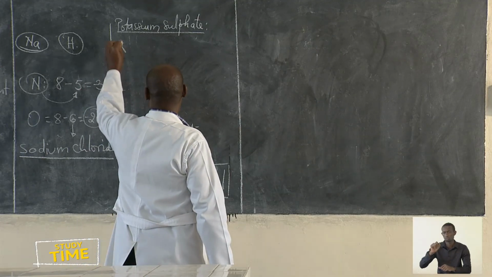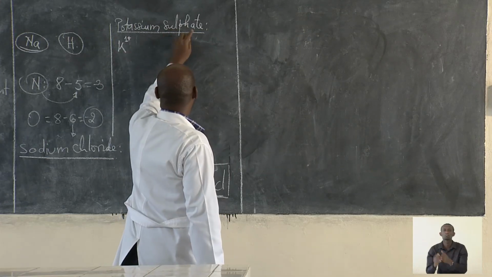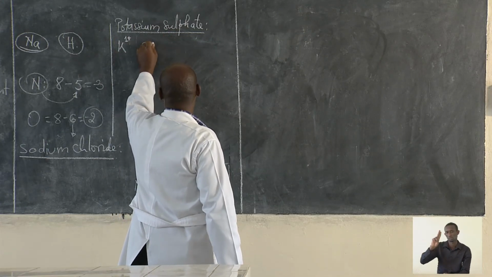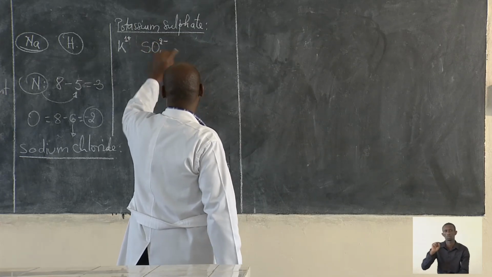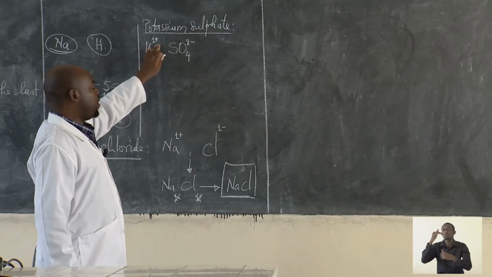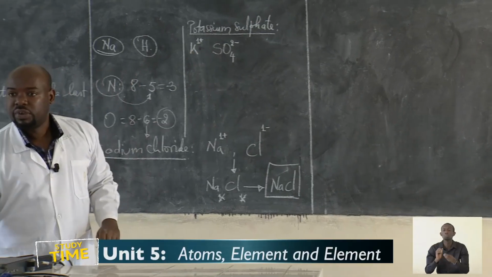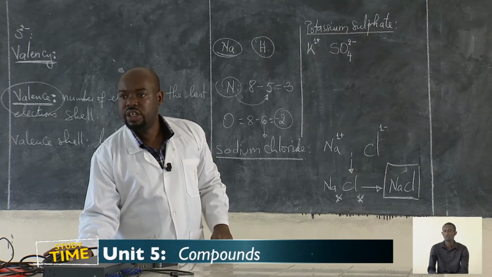It is K with one positive, that is the valency. And the sulfate ion, it is SO4 with 2 negative. This is the valency. Now we are done with point number 1, writing valences as superscripts after each symbol.